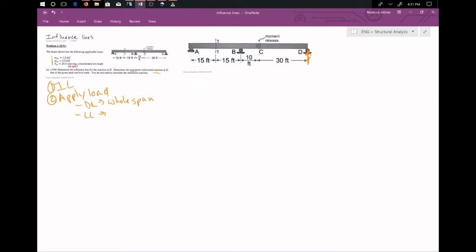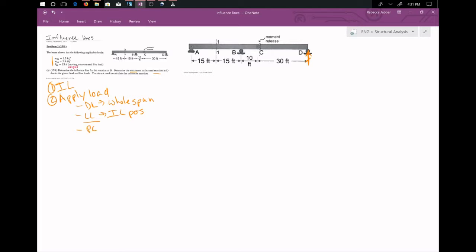We want to just apply this live load at points where our influence lines are positive. And then the point load, which is that 25 kips, will be applied at the highest positive value that we get for our influence line.